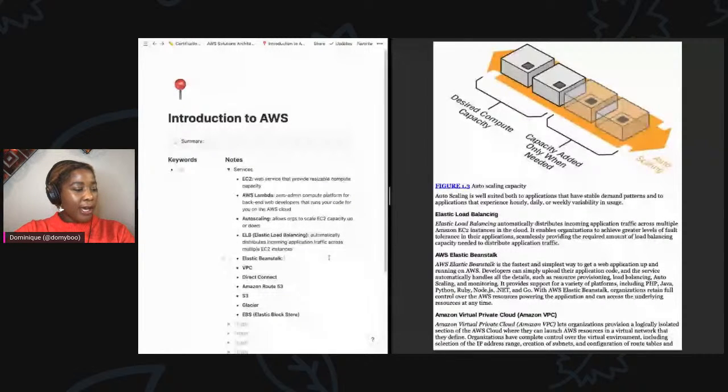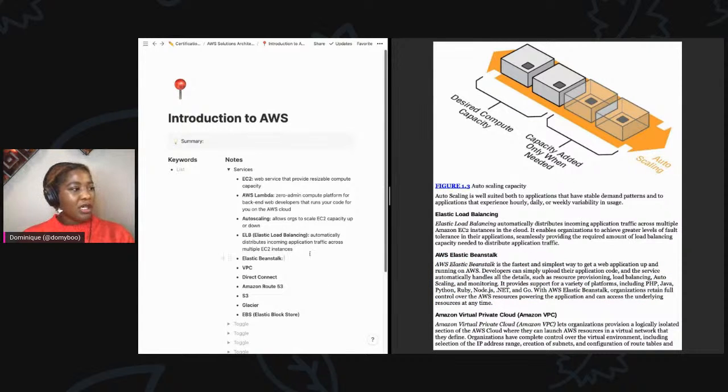So Elastic Beanstalk. I don't really need to write 'fastest and simplest way.' Developers can, so I'm reading about Beanstalk, simply upload their application code and the service automatically handles all of the details such as resource provisioning, load balancing, XYZ.